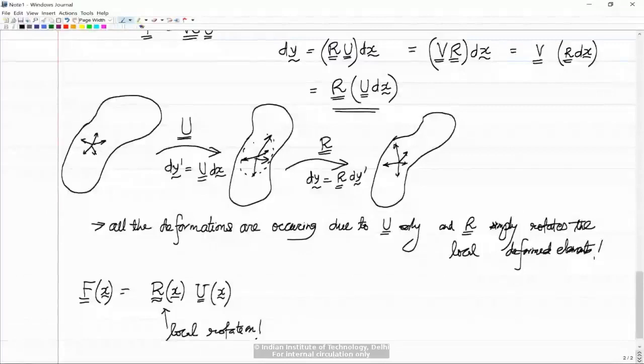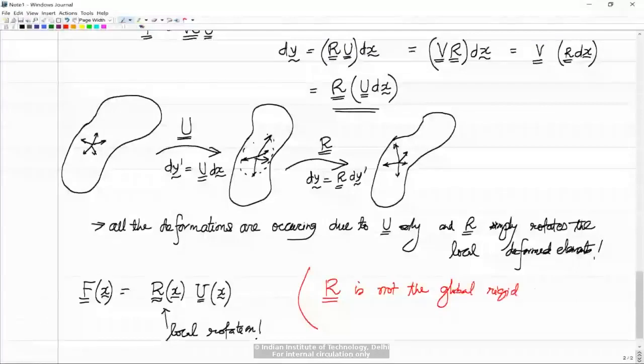So I'll make this qualifier in red, that R is not the global rigid rotation of the body, because it is changing with x.